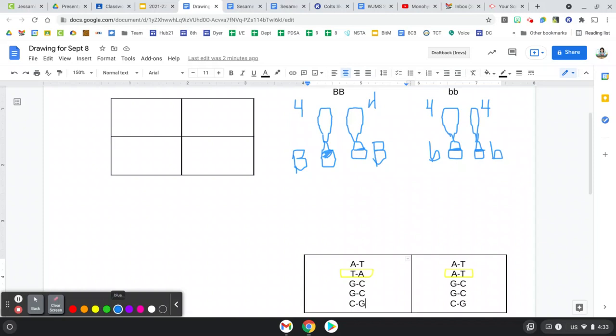And those differences are important for us because that tells us that we have two different codes. This codes for a protein, and it's all kind of wadded up like that, that will give us brown eyes.